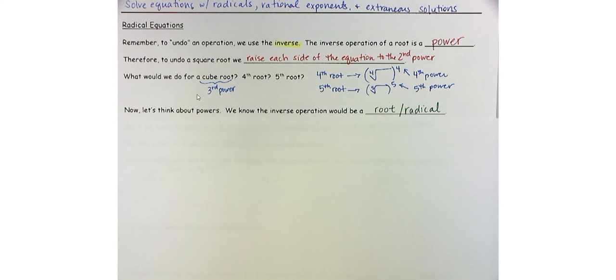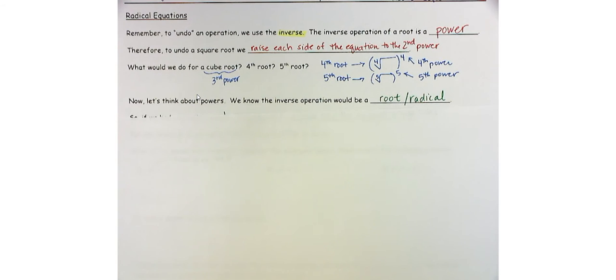Now, if we think about powers, the inverse of a power is the root or the radical. Basically, the flip of what we were just talking about. So if we had a quantity that was raised to the power of 2, which is something that you already know because we work with x squared a lot, then to undo the power of 2, you would have to take the square root of both sides.